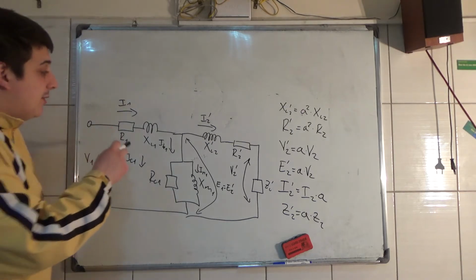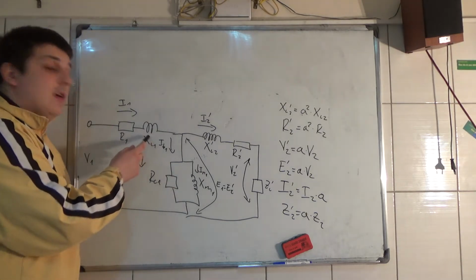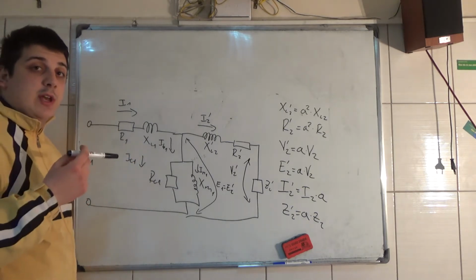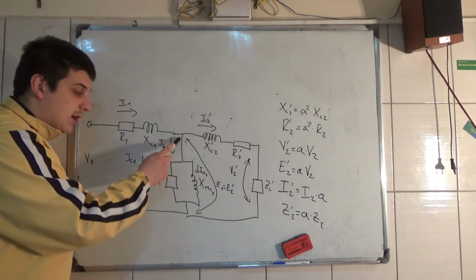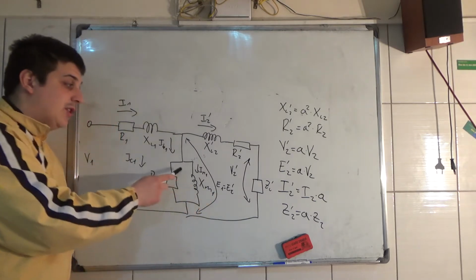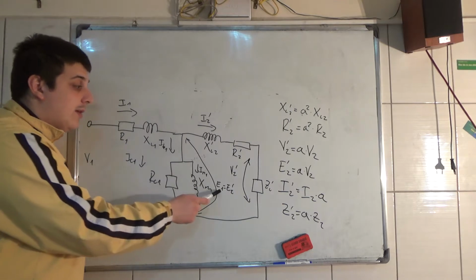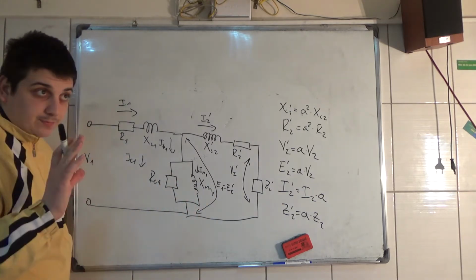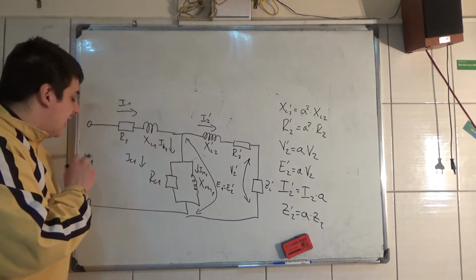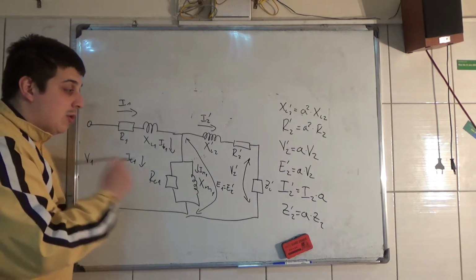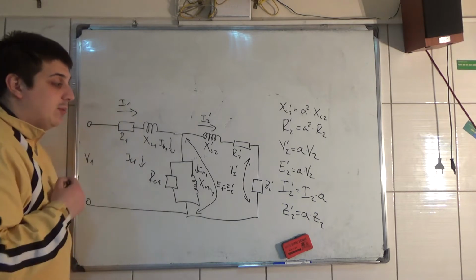Now, if the resistance and the reactance are small, which they usually are, E1 here, the induced voltage on the windings, is pretty much the same as V1, the supplied voltage.